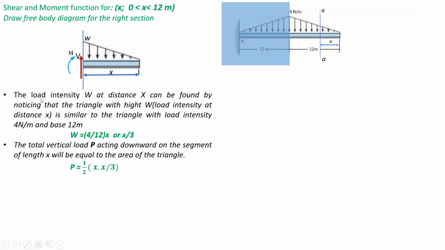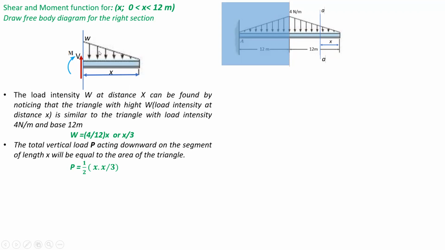To find this load intensity W at a distance x, we can notice the similarity between these two triangles. One has height 4 and base width 12, and the other has height W and base width x. Applying the similarity condition on these two triangles, W comes equal to x by 3.